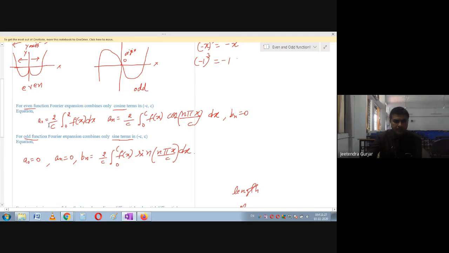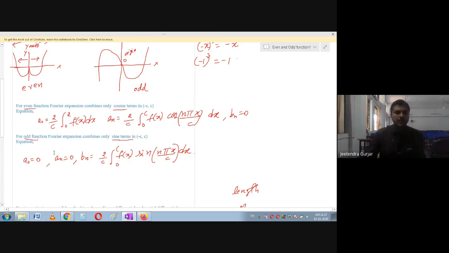Then a naught will change now. a naught is equal to 2 upon c integration 0 to c f of x dx. an is equal to 2 upon c integration 0 to c f of x cos n pi x upon c dx. And bn is always 0. Please remember this, students.